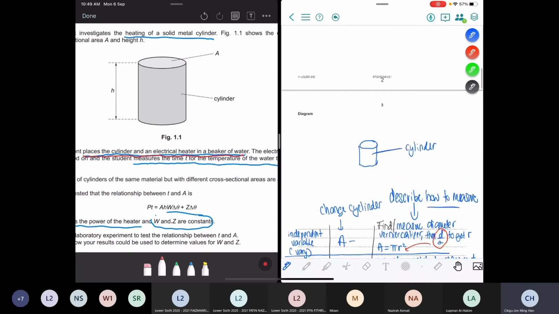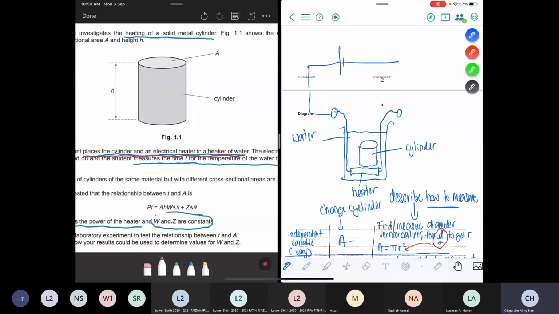So that means in this picture, it must be kept in the water. You have to put it into the water like this. So this is the water. And then you must have the heater. Heater, we normally draw like this. We put down the heater. So we have a coil, and then we have a wire outside, and this will be connected to a power supply. And then we might need a resistor here.